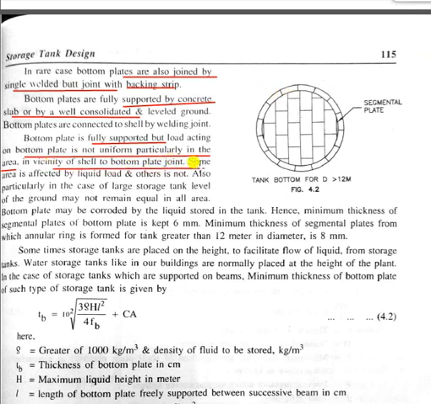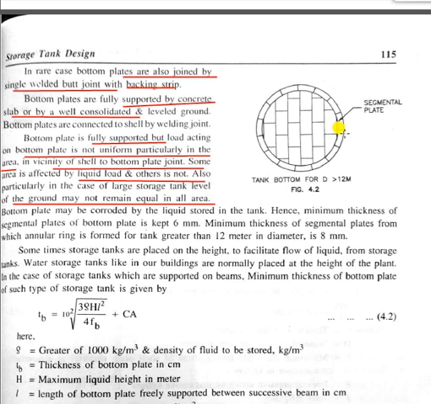Also, particularly in the case of a large storage tank, the level of the ground may not remain equal in all areas. So the bottom plate may be affected by the liquid stored in the tank.